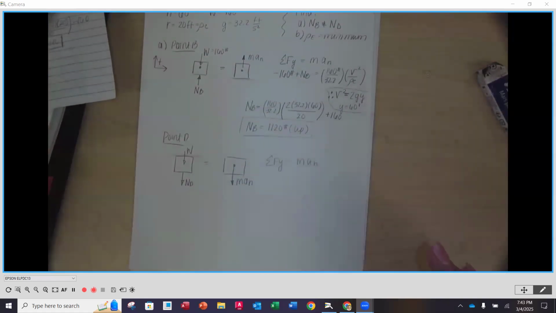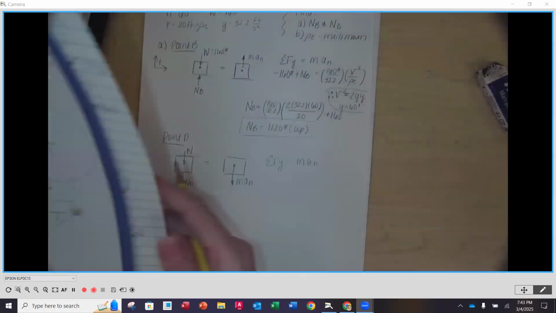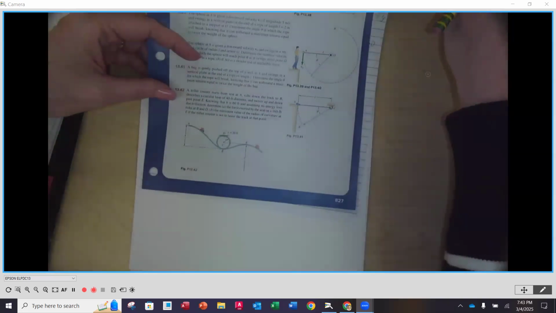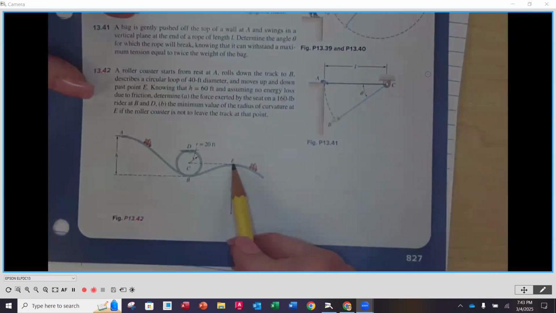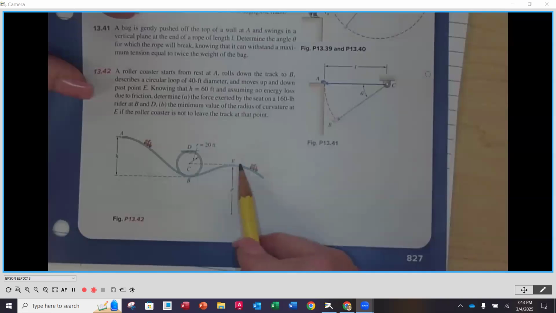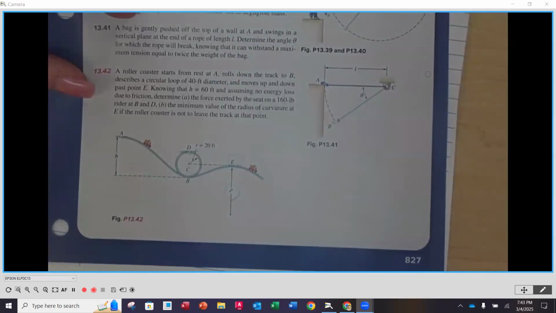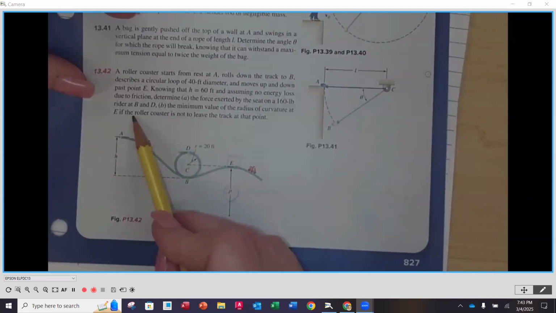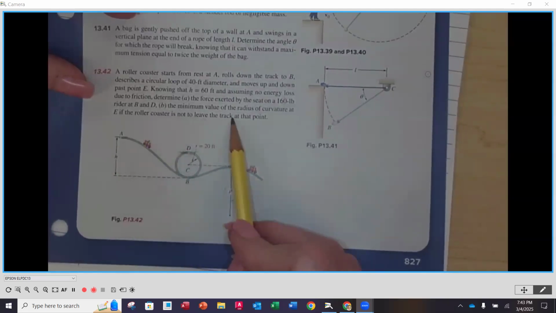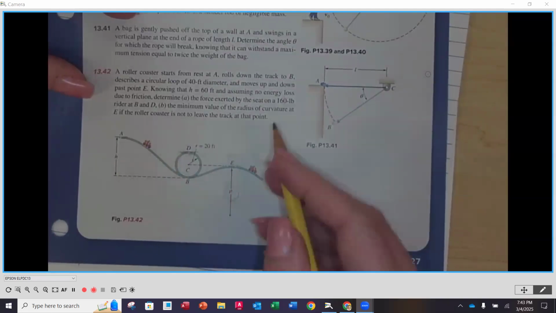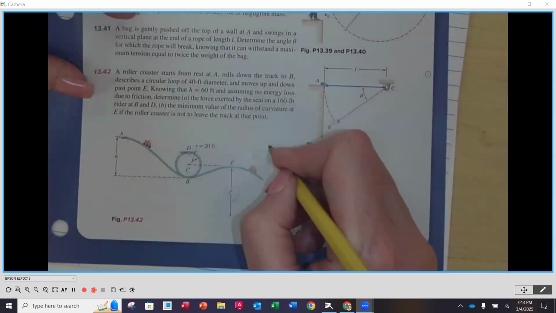And then, trying to think what the last part was. Oh, the last part is then you're going to be at E. Your wheels are going to be down again. You're going to be sitting on top here. But this time, your rho is going to be what you solve for. And when it says here, if the roller coaster is not to leave the track, that means that your normal force at E is going to be 0.